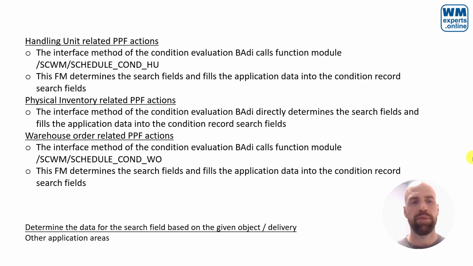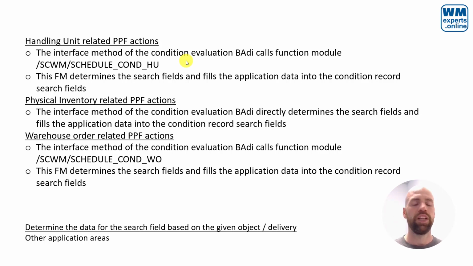So, for example, for handling units, there is a specific function module which evaluates the condition, and this function module directly determines the search fields and fills the application data. So we are still just talking about how we actually get the details about the given object in order to compare it with the condition record.